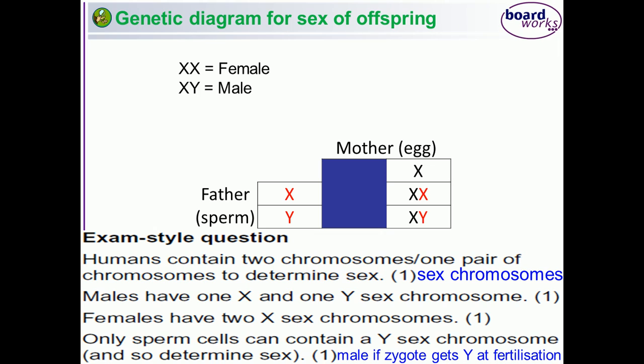Males have XY sex chromosomes, whereas females have XX sex chromosomes. Only the sperm cells contain a Y sex chromosome, and therefore males determine the sex of the offspring because it's male if the zygote gets a Y at fertilization, but female if the zygote gets X at fertilization. The eggs only have X chromosomes, so therefore they can't change the sex of the offspring.